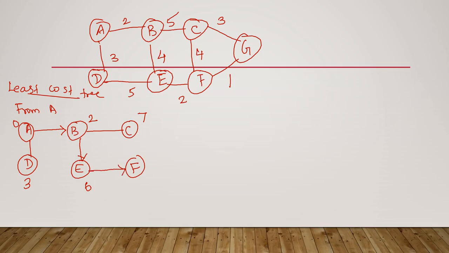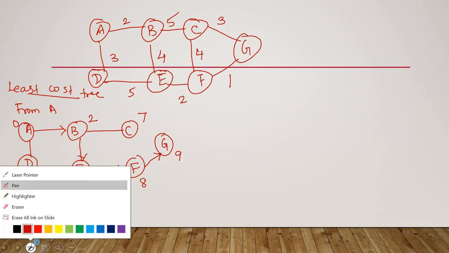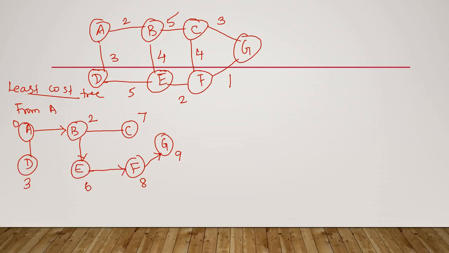So 4 plus 2 plus 2, it's 8. Then G, through F we can travel, so the total value becomes 9. Similarly, we can find the least cost for all other routers.